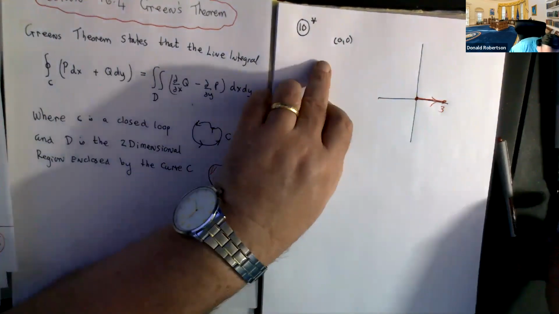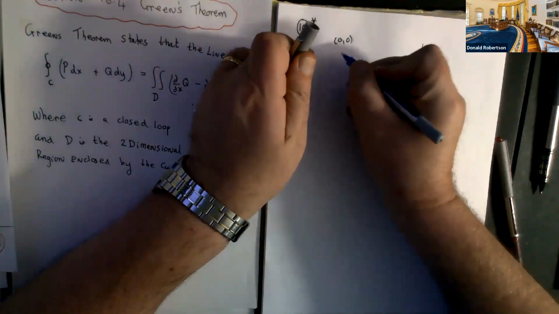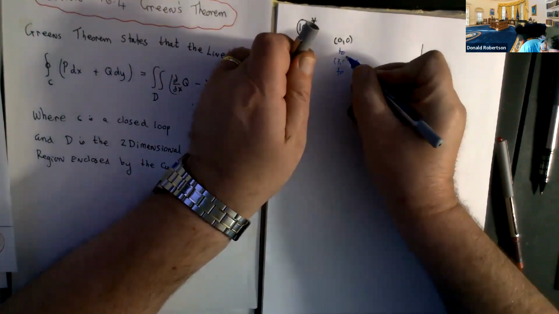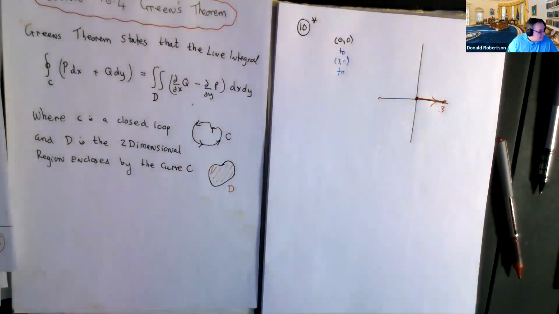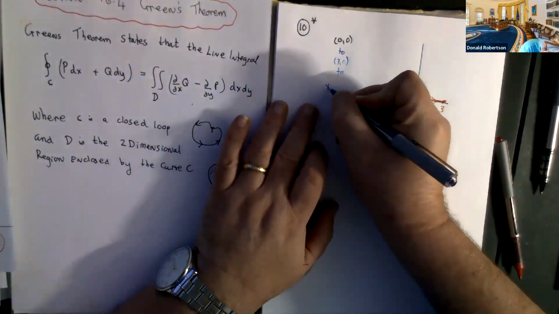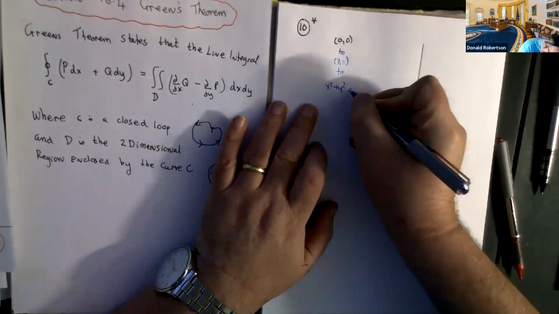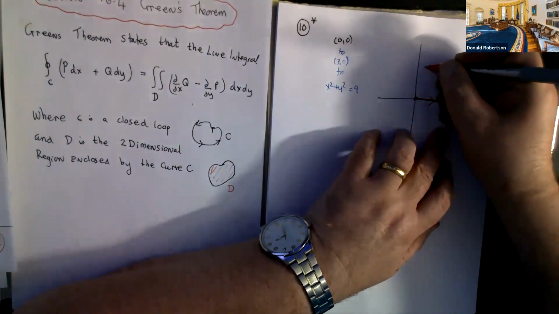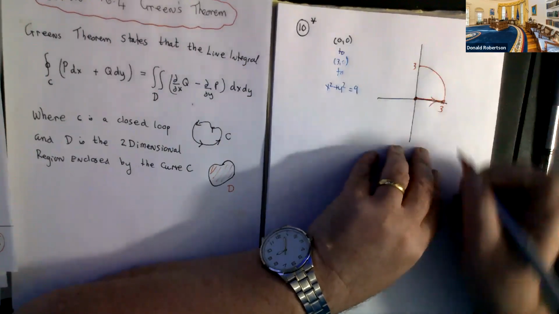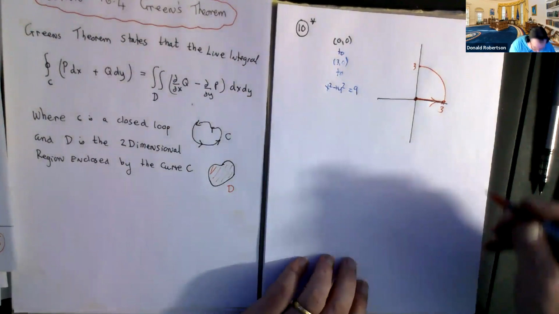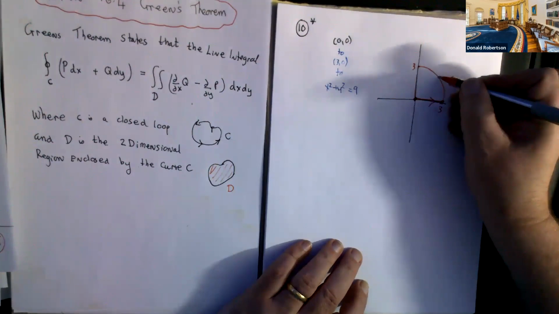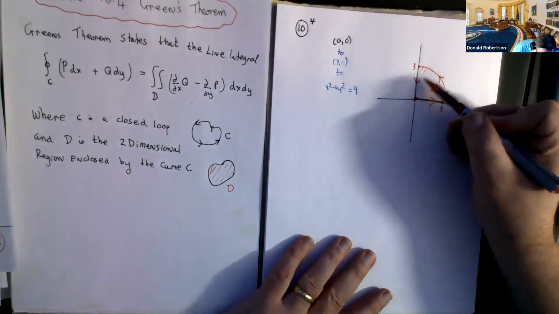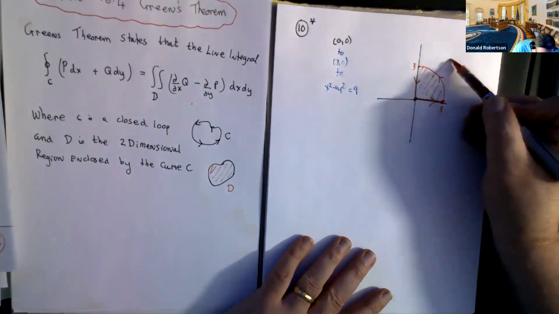So it goes from 0, 0 to 3, 0 to a quarter of a circle. So I'm assuming that that's a quarter of the circle, which essentially just means you do that, which means that's 3. And then back home. Okay, that would have been easier if they just gave you the picture, but they didn't. So there is our region D.